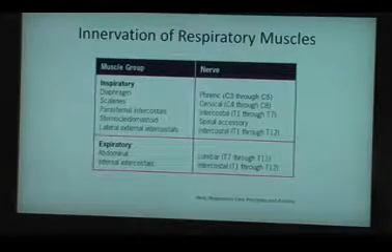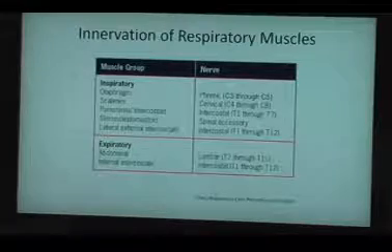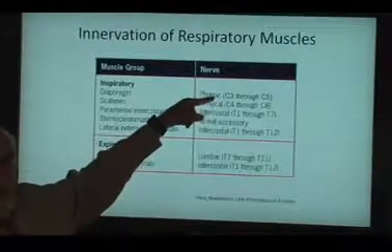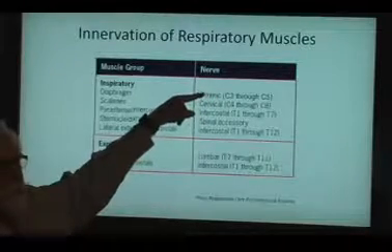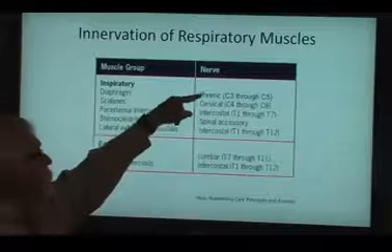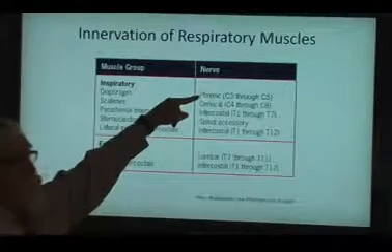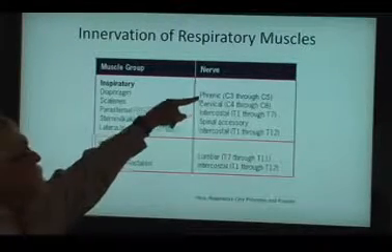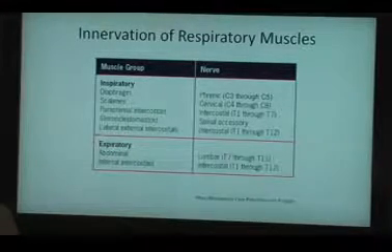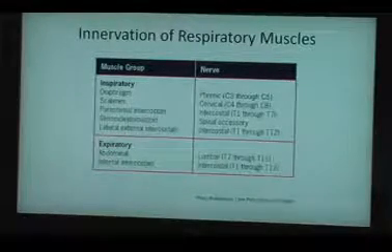And in fact, if there is injury to the spine above the level of C3, that is incompatible with breathing without respiratory support. So if one has a very high cervical spine injury, like a C1, C2 injury, that means that that person will need respiratory support, likely for the rest of their lives.